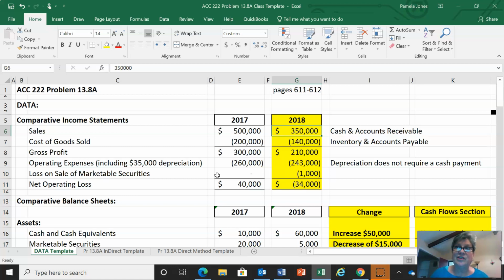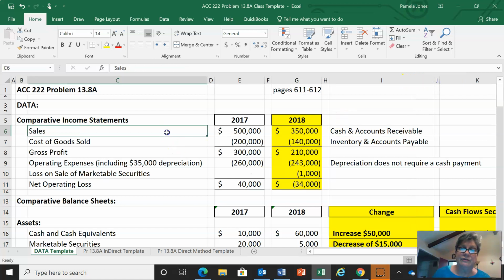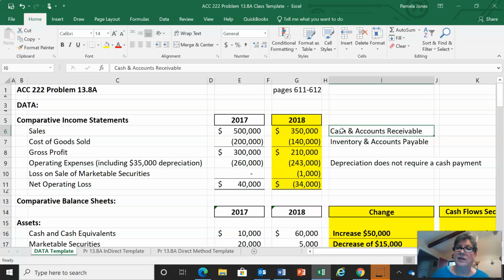We can have cash sales, where customers pay us immediately, or we can have sales on account, which flows through the accounts receivable account. So we're going to be adjusting the sales figure to cash collected from customers by looking at the change in accounts receivable.